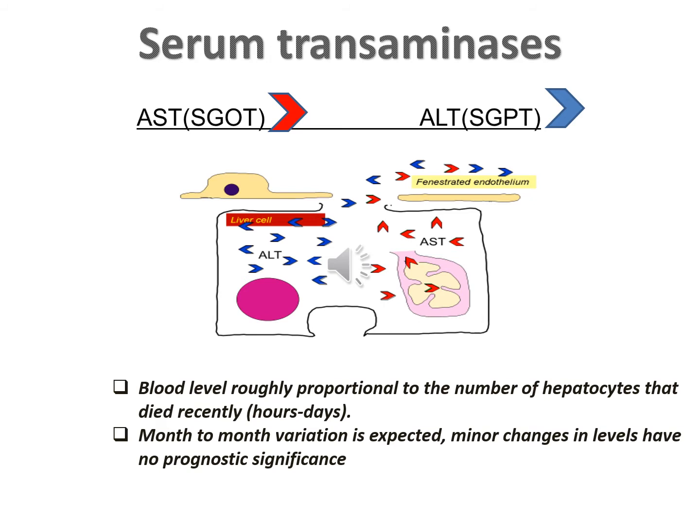That's why they will rise with any injurious agents that injure the liver cell. If the injury includes the mitochondria also, the AST will be more increased. So, blood level is roughly proportional to the number of hepatocytes that died recently, within hours or days. Month-to-month variation is expected. Minor changes in levels have no prognostic significance.